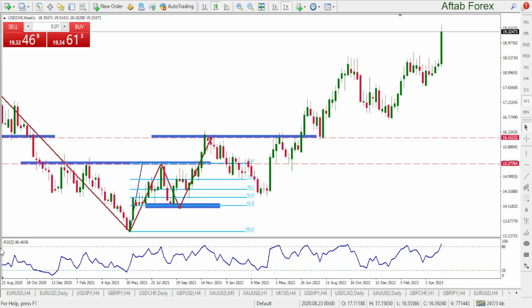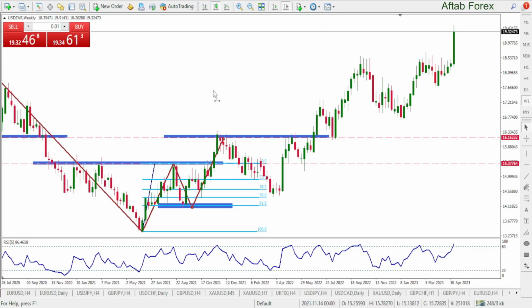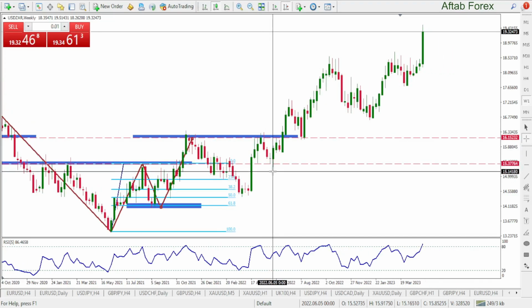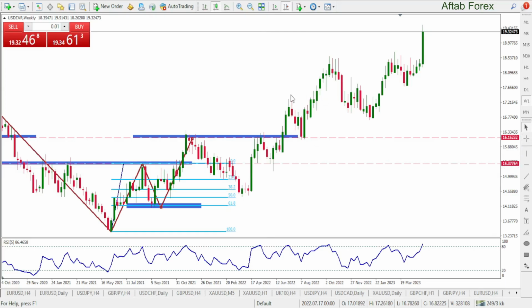Now about the support, what is usually said is support is a price level where there is a demand for the pair. Let's say this resistance was broken. The story of the resistance is gone now, right? It came back down. Now this is the demand zone for it as well, or we can say this is a support zone.